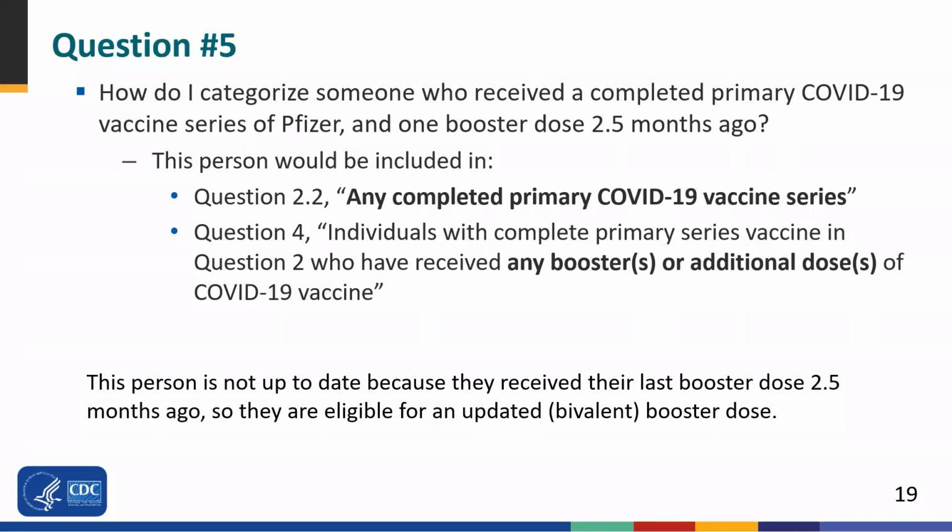This person would not be considered up to date because they received their last booster dose 2.5 months ago, so they are eligible for an updated bivalent booster dose. They would be counted in question 2.2, any completed primary series, and question 4, any additional or booster doses.